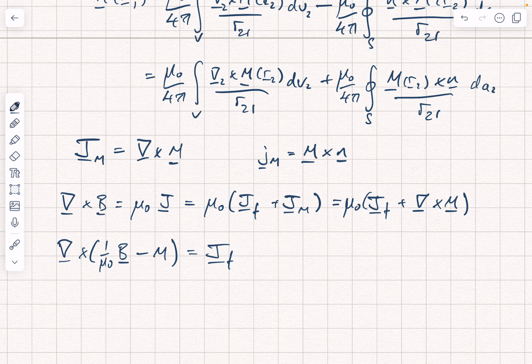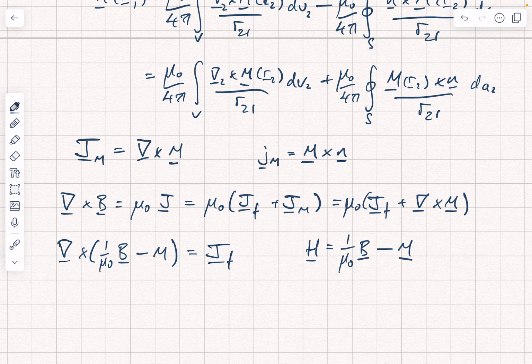And so we define a new field, which is variously known as the magnetic intensity, or sometimes just H, that is defined as 1 over mu naught B minus M. It's the magnetic equivalent of the electric displacement, the D field. It is the magnetic field which is produced by a free current density.